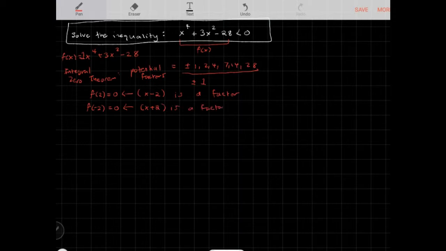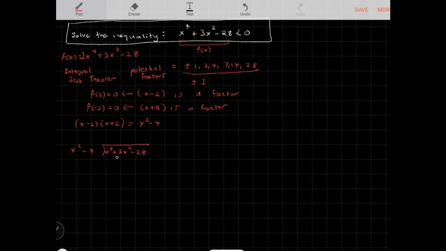Collectively, x minus 2 and x plus 2 are factors. If I find the product of this, x squared minus 4 is a factor of this expression. Now, if we do long division, you have x to the power 4 plus 3x squared minus 28, and you divide this by x squared minus 4.